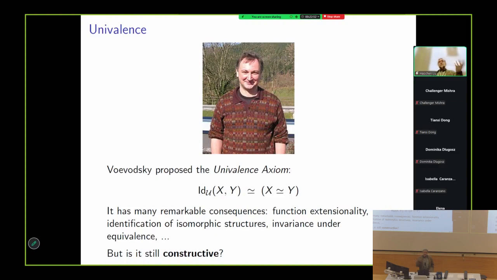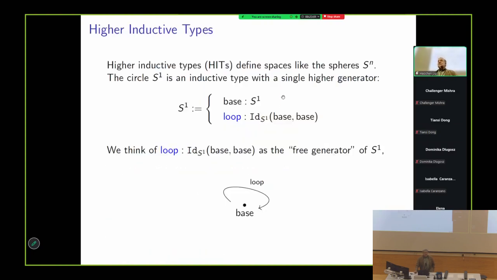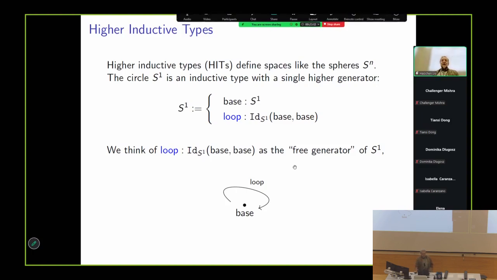It's a deep and important conjecture, but it was far from obvious that this would be the case. So now I'm going to tell you a little bit about the solution to this and some test cases, and then finally how it worked out. I'll cut to the chase, though. The answer is yes, it's still constructive.